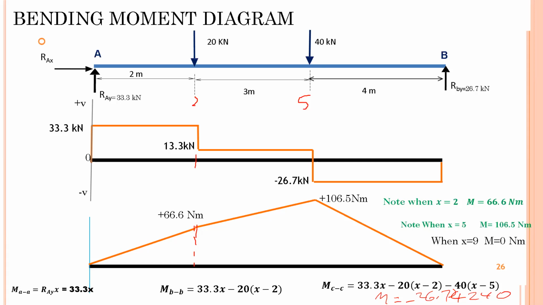And if you put 9 in this, you get negative 0.3. So maybe some round off. Remember, we reduced it to round off when writing it. But really and truly, it's minus 26.7 times 9 plus 240.